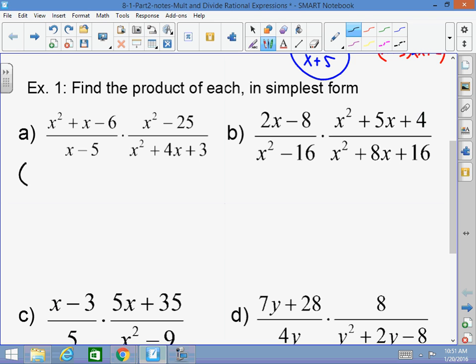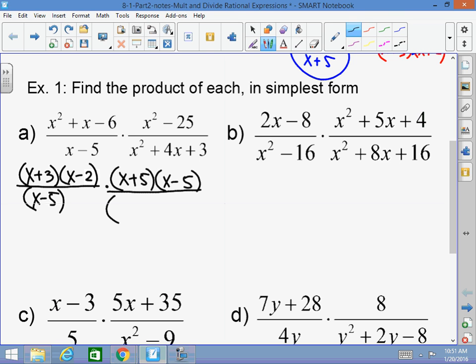Let's factor. So this is going to be x plus 3 times x minus 2 over x minus 5. This is actually one of my favorite chapters. I know I'm a bit of a math dork, but it's kind of fun, because it's kind of like a puzzle.